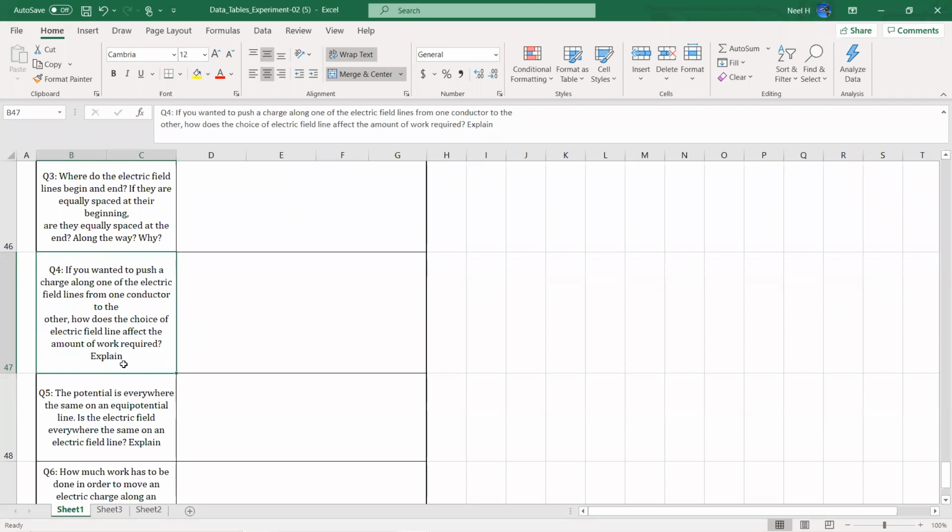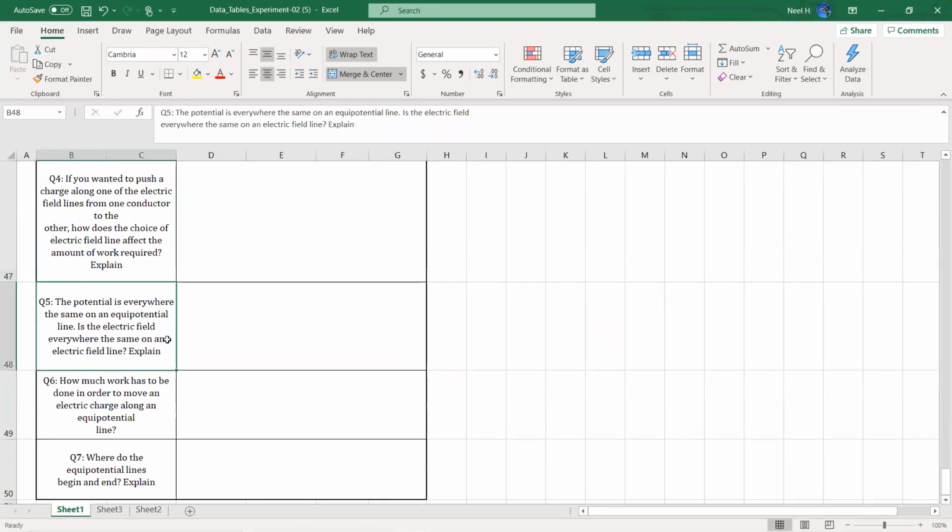If you are moving something from one point to another, if you move over the closest distance, your amount of work done is going to be very little if the electric field strength is the same. But if you're moving over further, longer distances, your work done is going to be different. But take a look at the field map to get a little bit of an idea, then write it down. Okay.